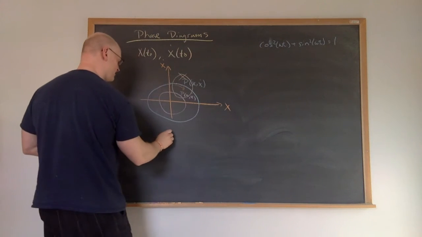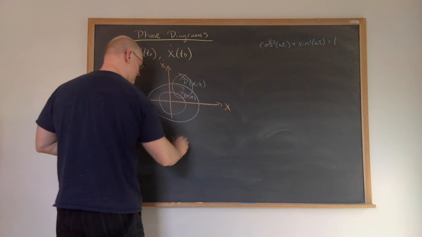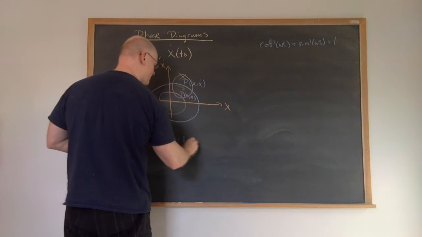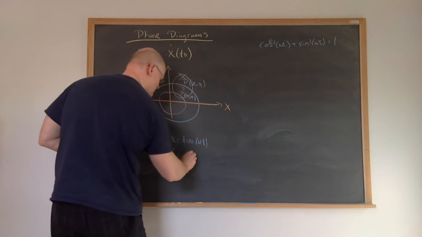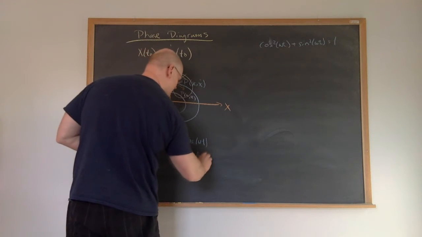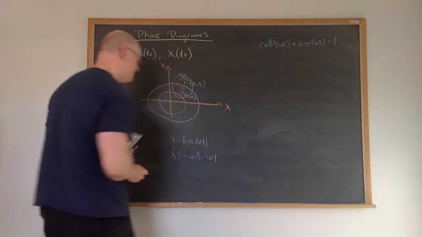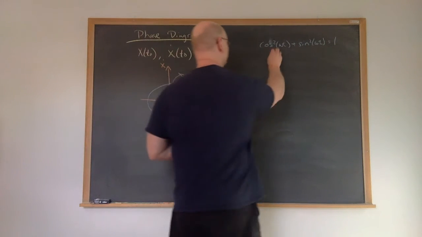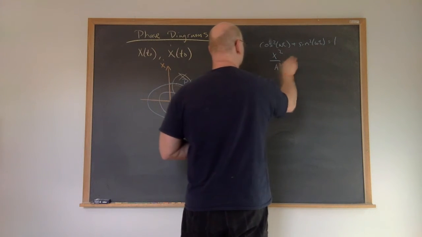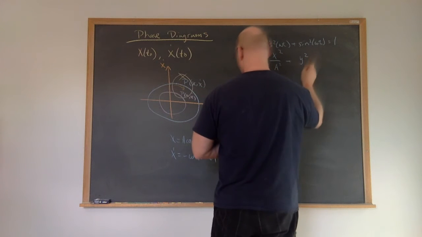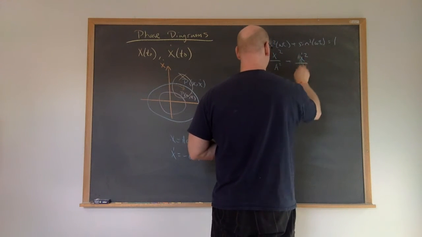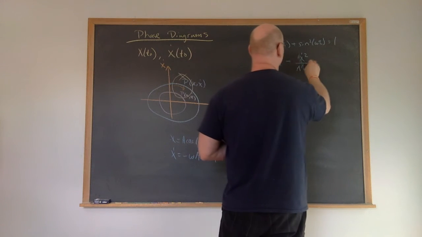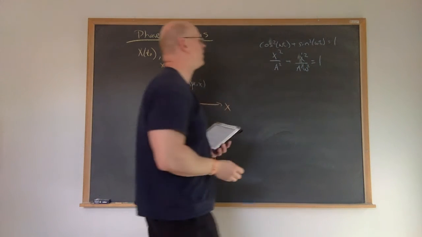And again, using the fact that x was equal to a times cosine of omega t, and x dot is equal to negative omega a times sine of omega t, this then means that x squared divided by the amplitude squared, plus x dot squared divided by the amplitude squared times the angular frequency squared, is equal to 1.